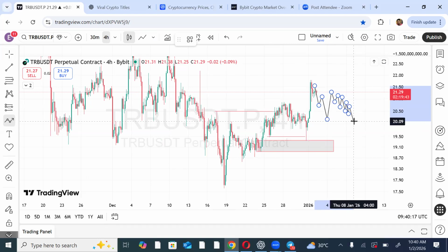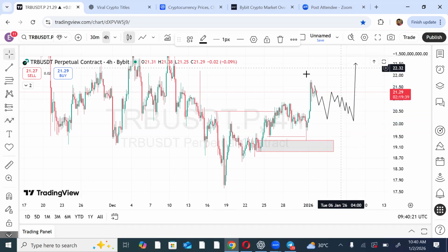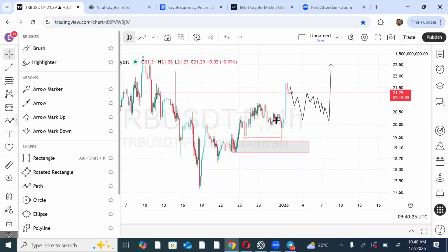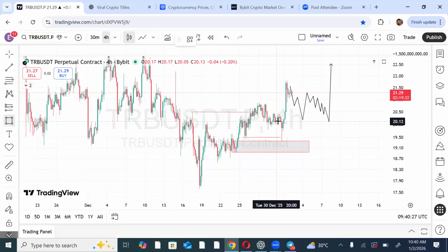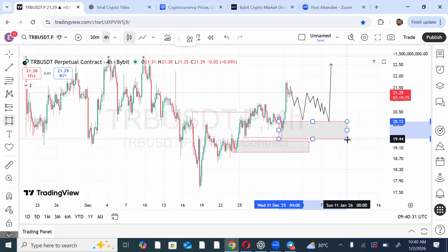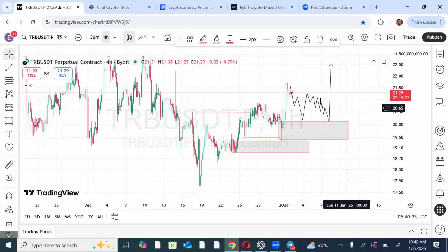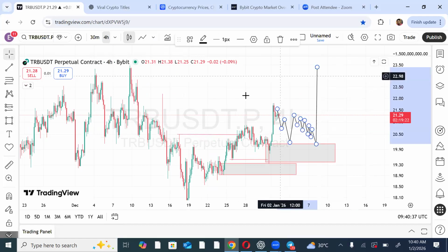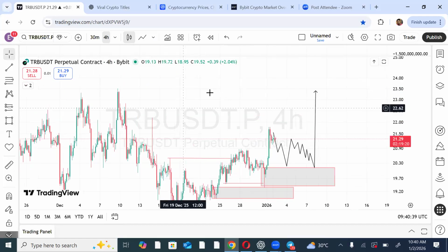Demand. Go back up again. This is what I'm expecting price to do before going to the upside, to the nearest drawn liquidity, which is here.